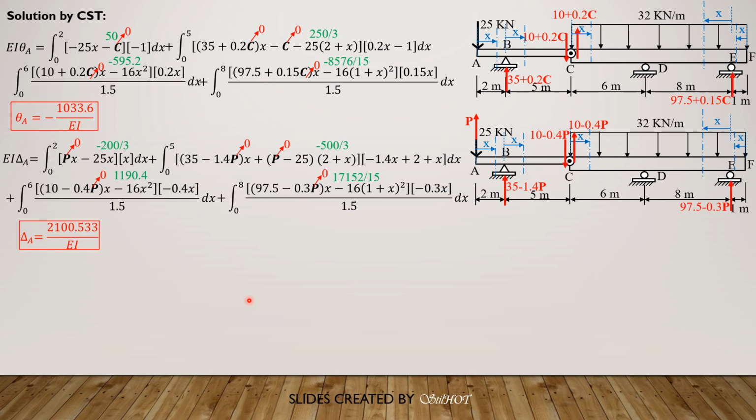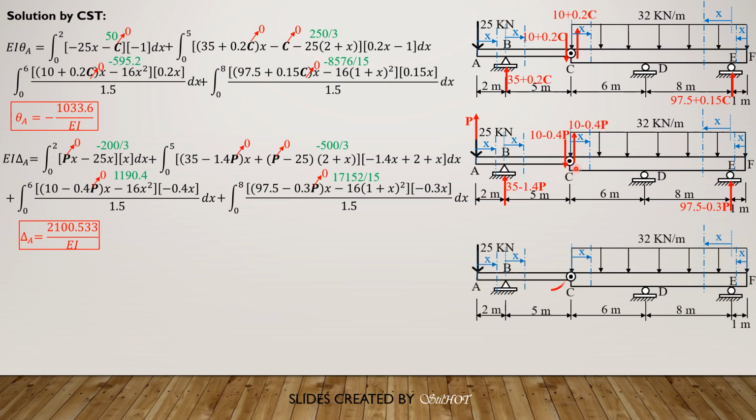Then we apply a counterclockwise couple just to the left of C, which is now this. The reaction here due to C, don't mind the concentrated load because it is already 35 upward. So the reaction here is upward, positive, times 5 equals C. So the reaction here is 35 plus C over 5, or 35 plus 0.2C.